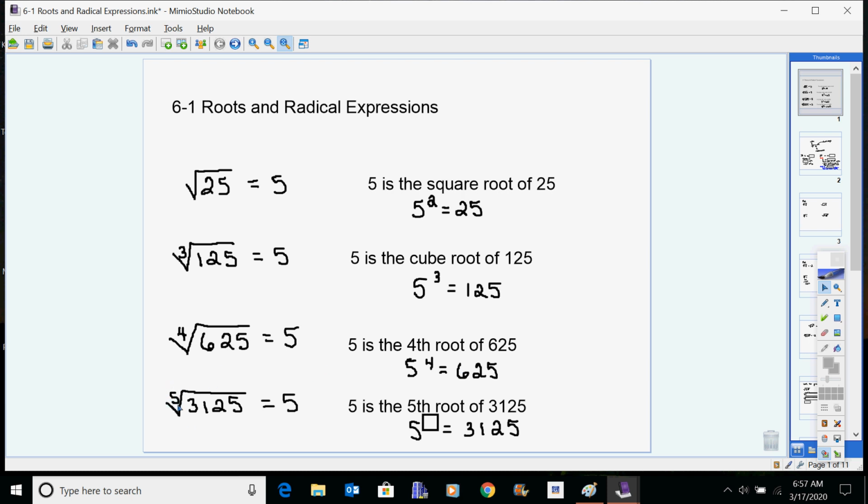When you've got an index, the number that's in the radical sign, it tells you how many times you're looking for a specific number to multiply together to give you this number. So 5 times 5 times 5 times 5 times 5 gives you 3,125. So 5 is the fifth root of 3,125. Once again, I encourage you all the way throughout, if that is on the edge of your understanding, to pause and replay that part.